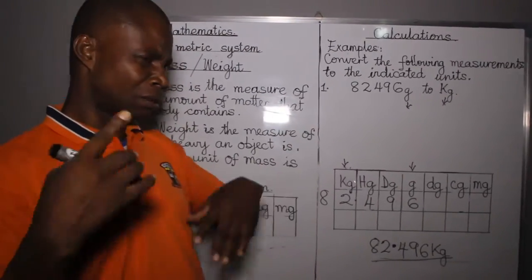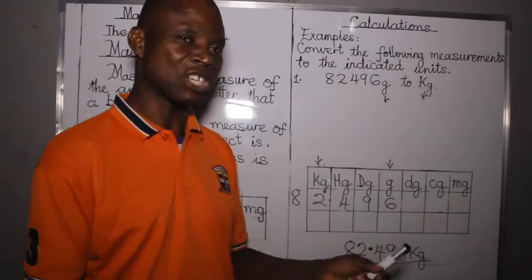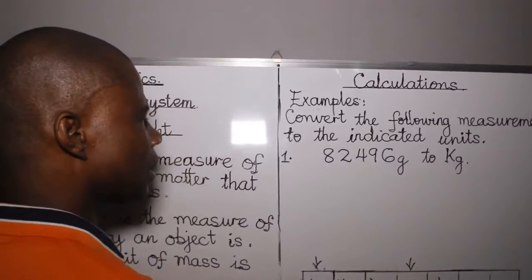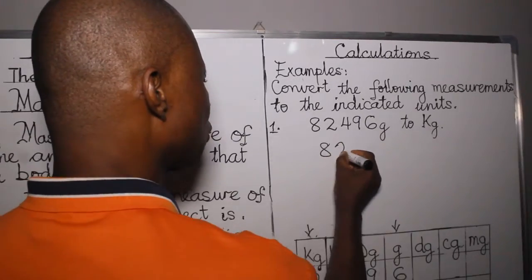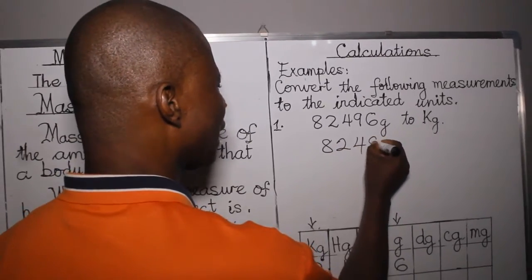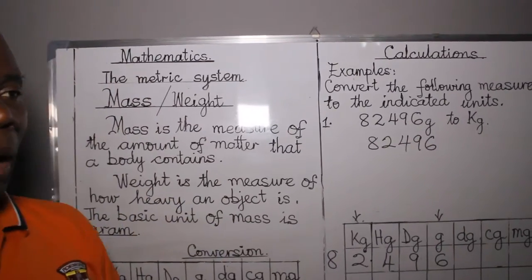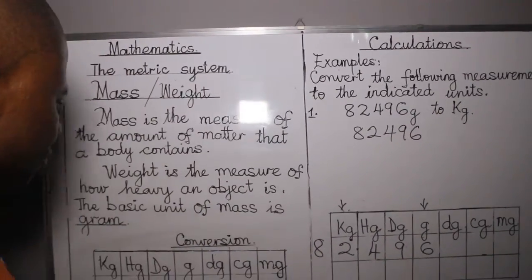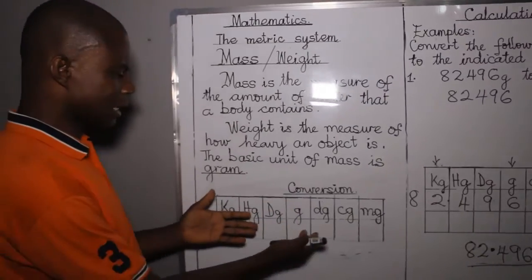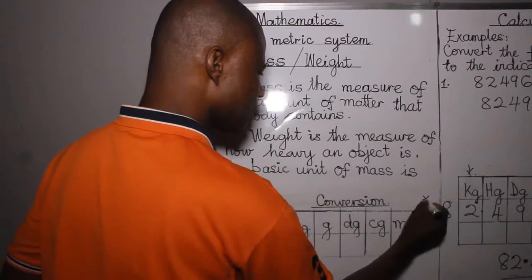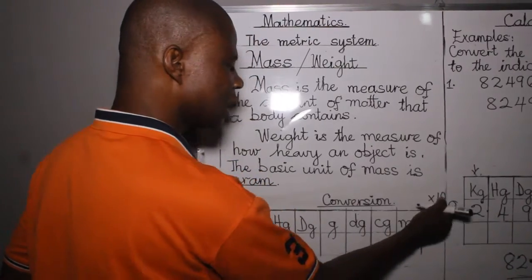Now let's go to the usual multiplication method. What does it say? First, you copy the figure. 82,496 is gram. We are changing it to kilogram. Whenever you are moving to this side, times, if it is a single digit, times 10.